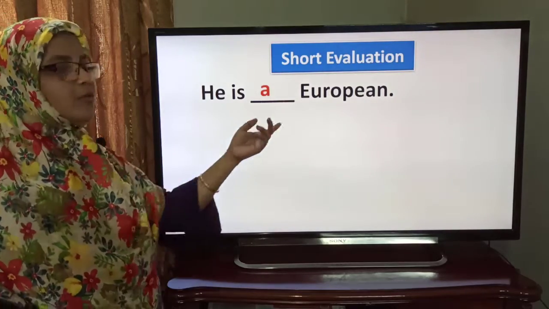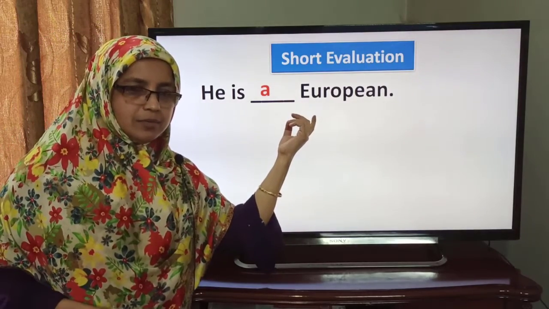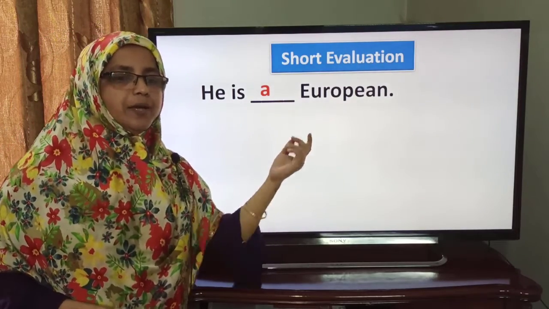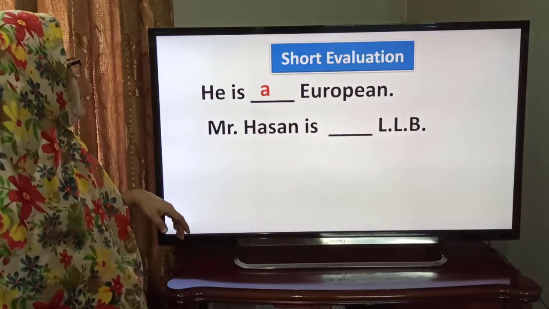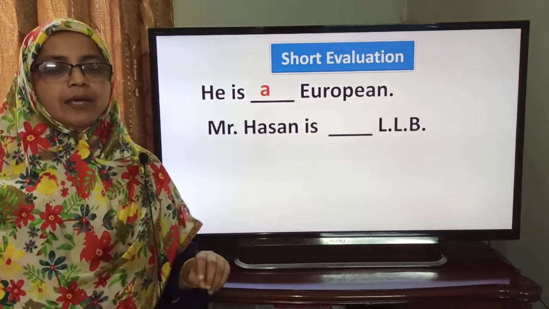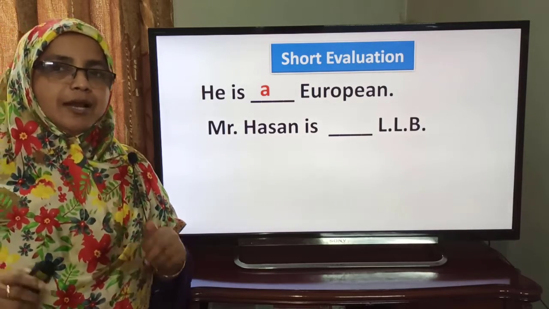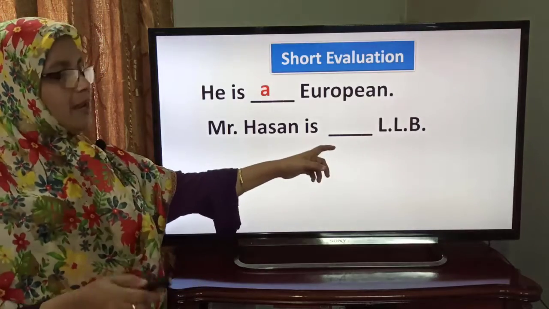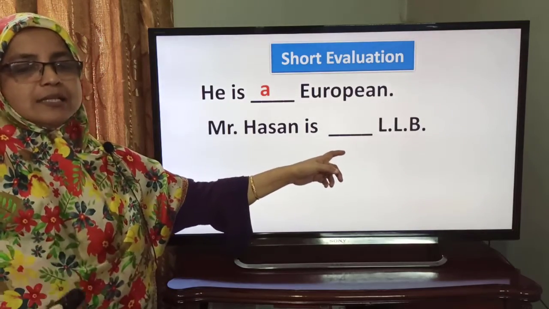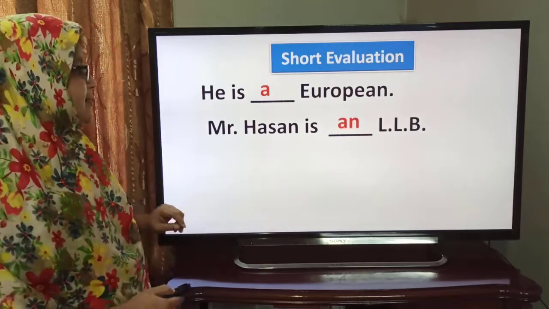A. Why do we use a? Because it is pronounced with a consonant sound. He is a European. Then see another: Mr. Hassan is LLB. For LLB, do we use a or an? Brilliant. You know that. L is a vowel sound, so yes, we have to use an.